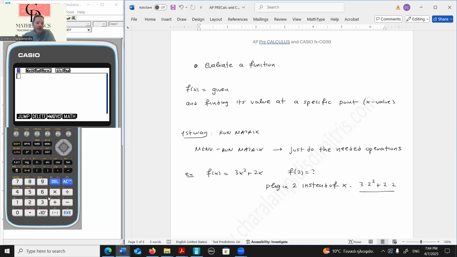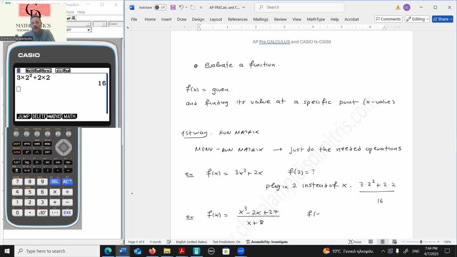I simply write it in the run matrix and click EXE, and it's 16.